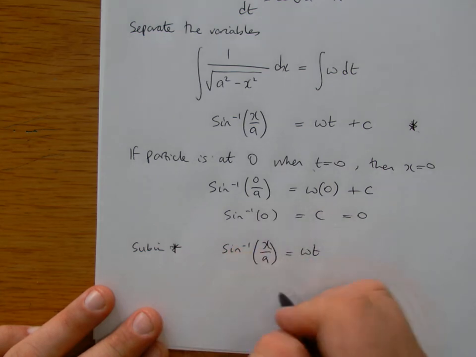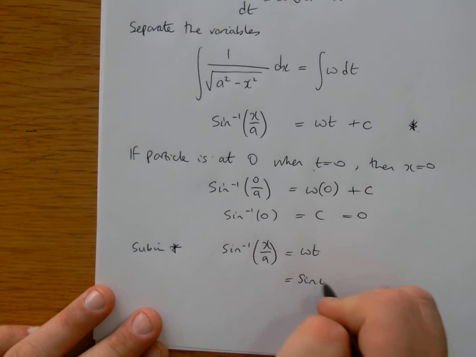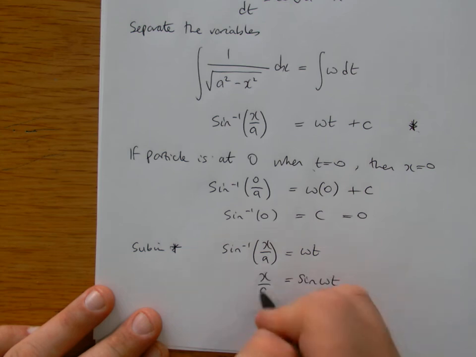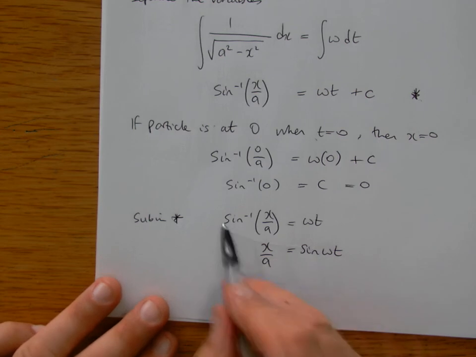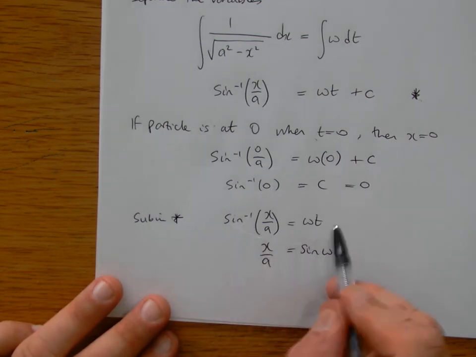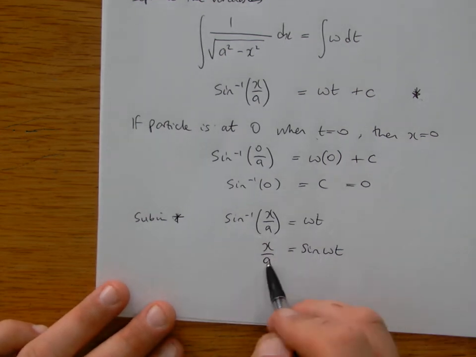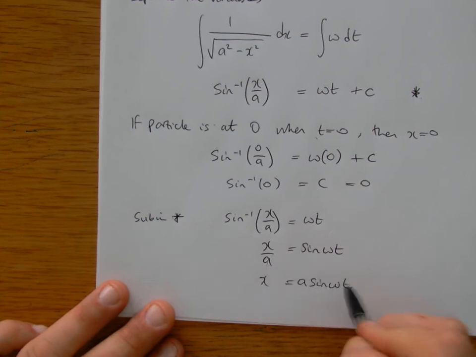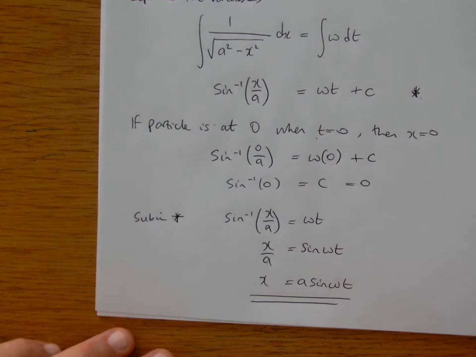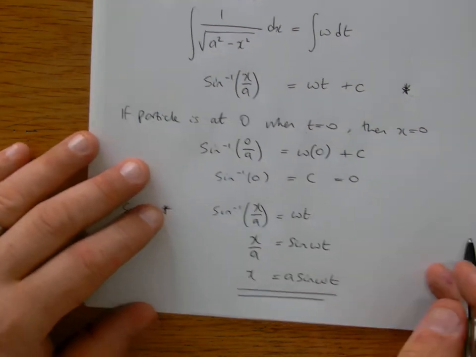That just becomes sin of ωt on that side, and we're left with x over a here. You shift that over there, so you're doing the opposite of the inverse, so you just have sine there, and then take the a up. So you've got x equals a sin ωt, and that is our general result for displacement.